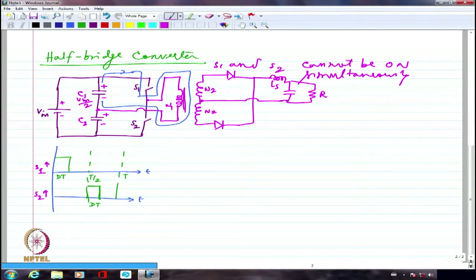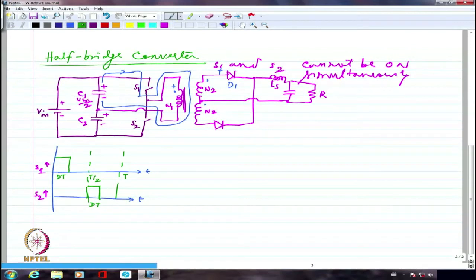So if I say that, for example, the dot for this is here, I can show the dot here, then dot here. So if S1 is on, I am getting positive here during this portion. So obviously D1 will conduct. And when I turn off S1 and turn on S2, at that point I am again going to get the voltage in the opposite sense. Look at the conduction path.